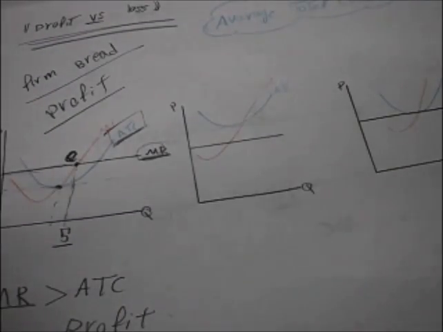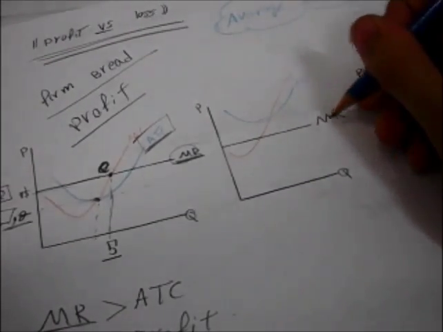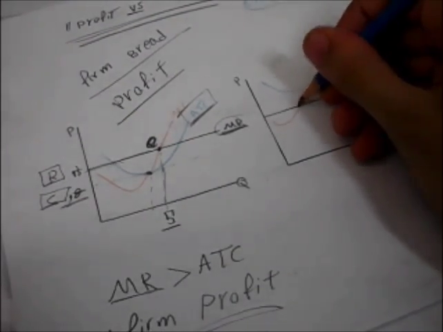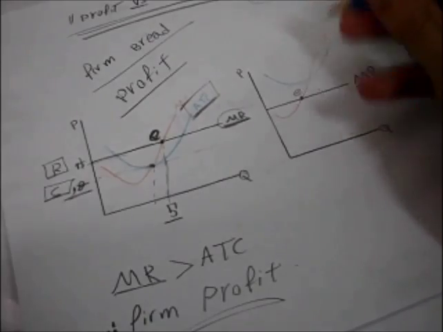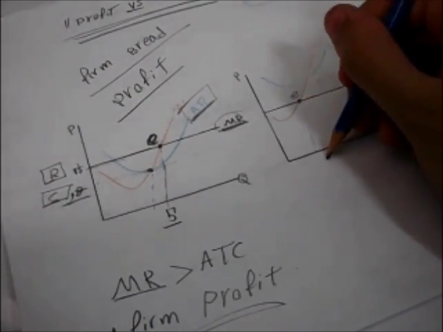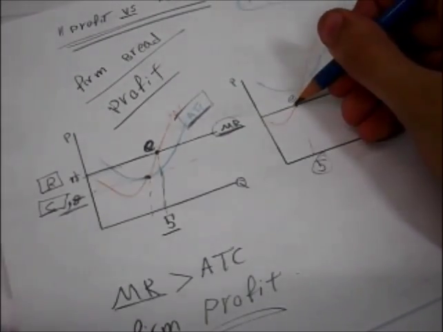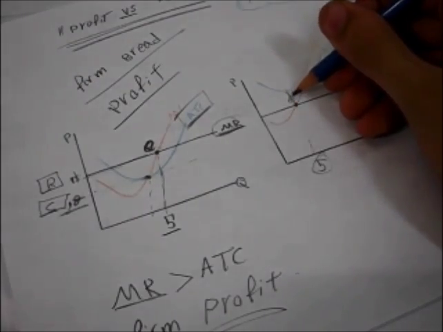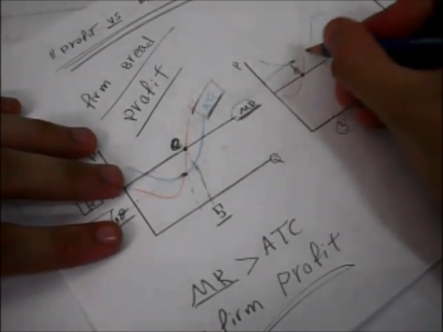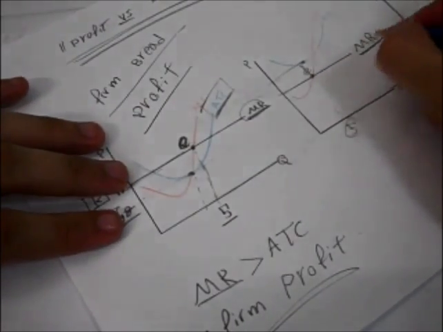How about scenario number 2? This is the marginal revenues. The first thing we need to know is where the point of equilibrium is, and here it is. So the firm is operating at this level of quantity, let's say 5, but the cost of this firm is higher than the level of revenues.